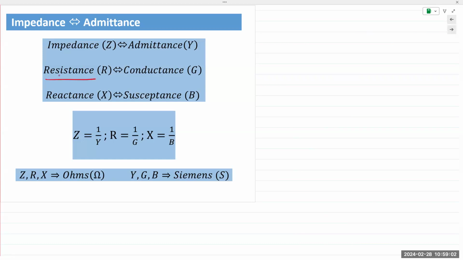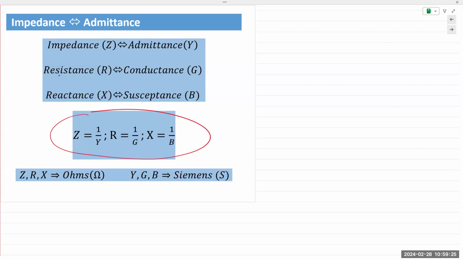Resistance comes from resist. Resist the flow of current, resist the flow of electrons. Reciprocal of resistance is conductance. So you permit the flow of electrons, or you permit the flow of the current. And then reactance has a reciprocal, which is susceptance. So they're all reciprocals of each other.